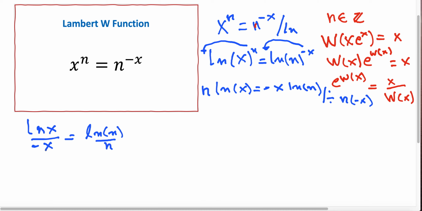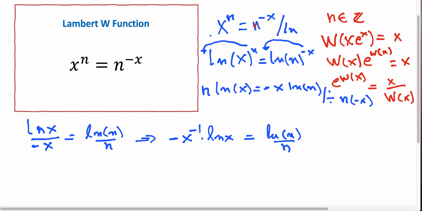But now I want to put this in a numerator, and this implies we have minus x to the power minus 1 times ln x is equal to ln of n divided by n.